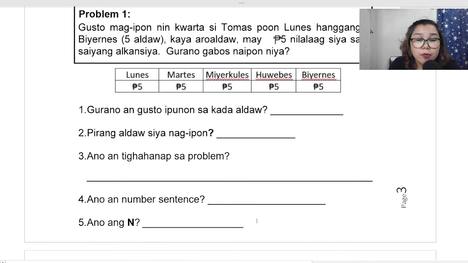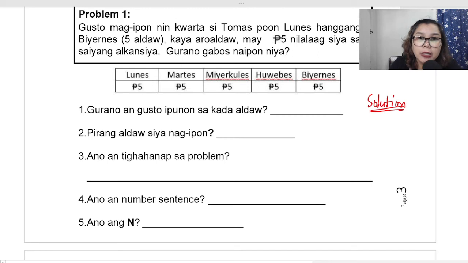And then, what is the number sentence? So, there are no blanks now. It's for you to think what numbers to put there, repeated, equals N. Take note, you should count properly. How many times should 5 be written? Because it is 5 pesos for every day. And then, for number 5, you just show your solution here.